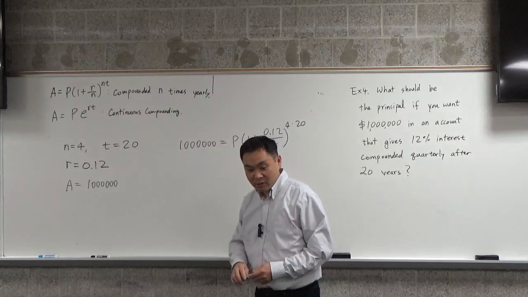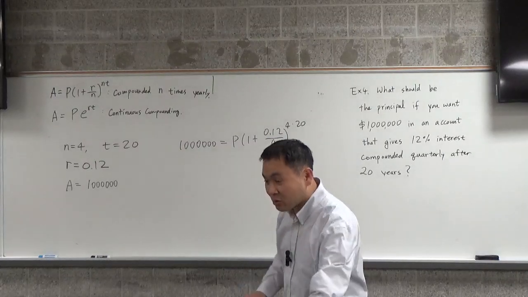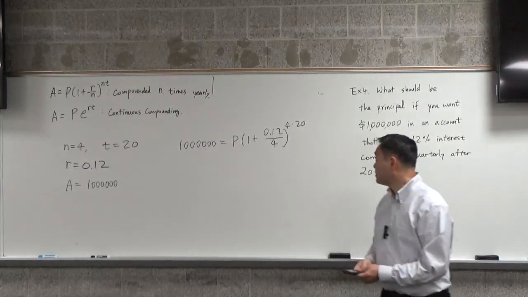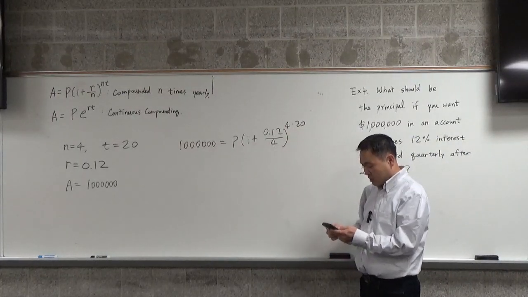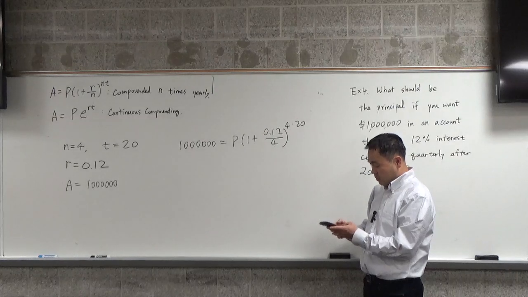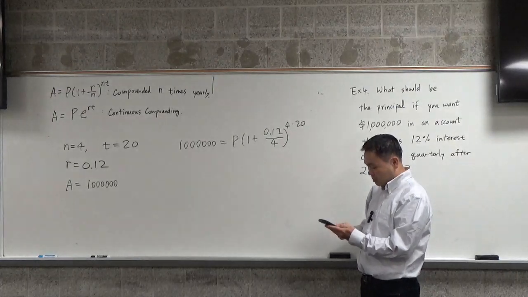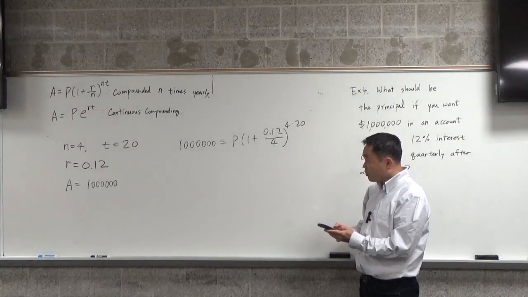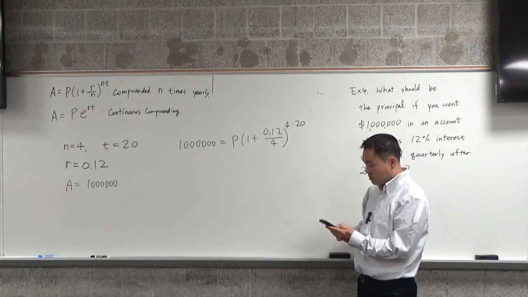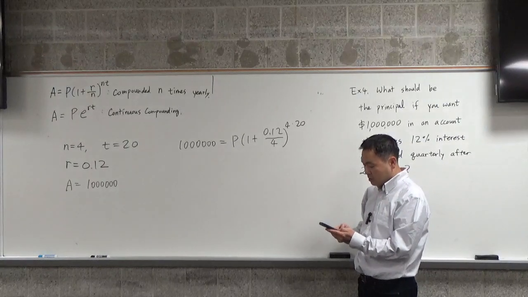How do we solve for P? The rest is kind of straightforward, right? This is 80, just compute this much. Let's see what that is. It's 1 plus 0.12 divided by 4 to the power of 80. 4 times 20 is 80.